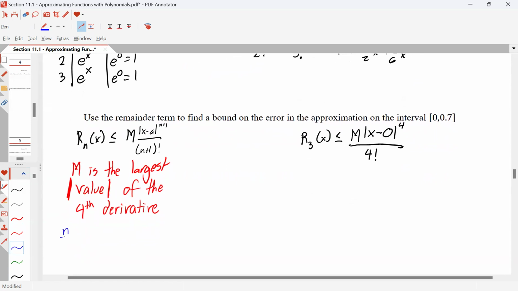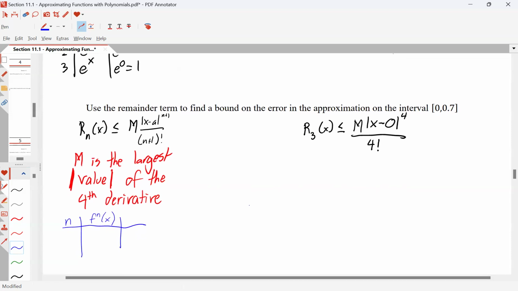What is the fourth derivative of e to the x? Well, we know the third derivative is e to the x, so the fourth derivative is still e to the x.